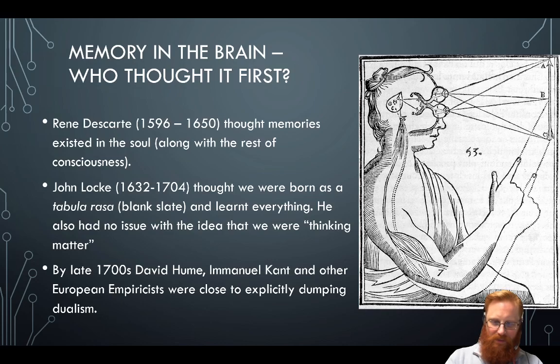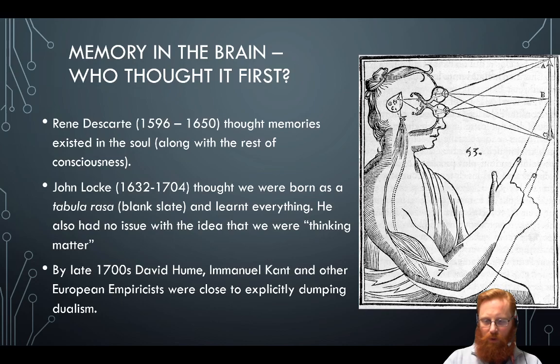Now, what we're actually going to see here is I'm going to be talking about philosophers, and at one point I'm going to stop talking about philosophers and start talking about psychology, because one of the interesting things is one of the people I'm going to mention here is essentially the creator, the differentiator between everybody previous to him who thought about the brain was a philosopher, and everybody after him, well, not everybody, but were psychologists.